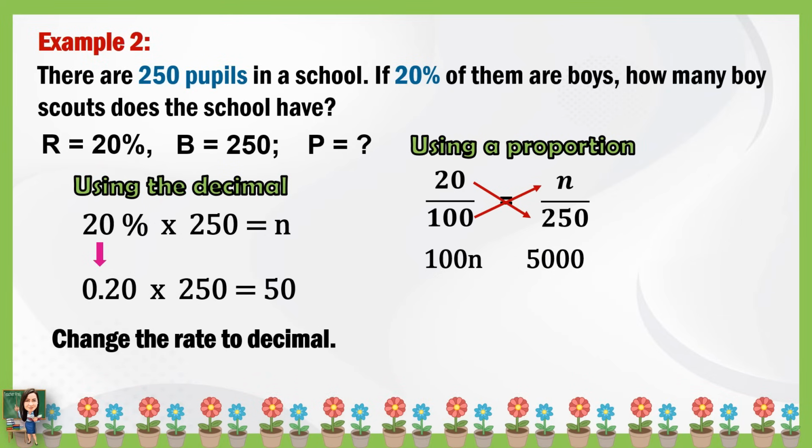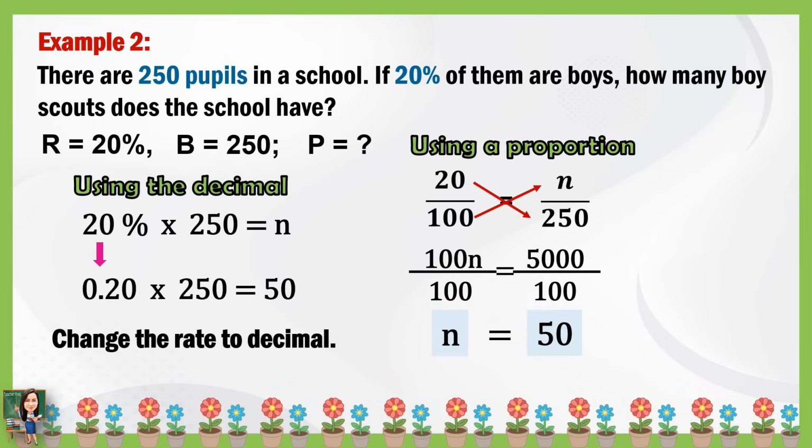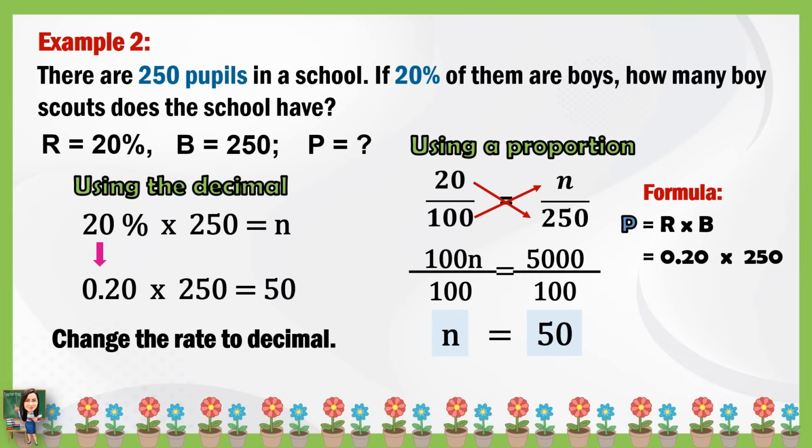Then divide them by 100. 100n divided by 100 equals n. Then 5,000 divided by 100 equals 50. So n is equal to 50. The formula for this is percentage equals rate times base, or 20 hundredths times 250 equals 50.